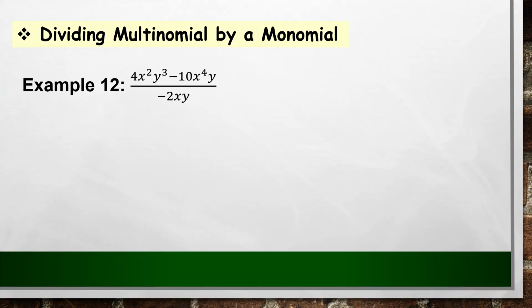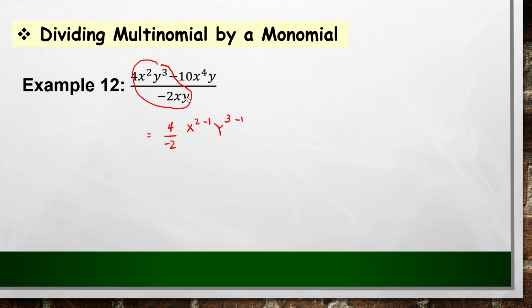Okay, so this time we have a multinomial on top and a monomial in the denominator. So this is again division. Let's start with this first. That'd be 4 over negative 2, and then x raised to 2 minus 1, and then y raised to 3 minus 1.